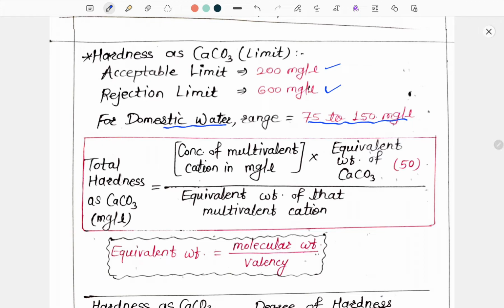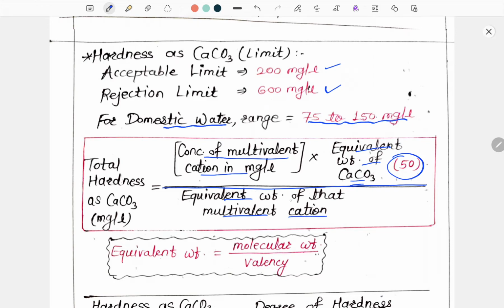Important formula for the calculation of total hardness as CaCO3 in mg per liter: it is equal to the concentration of multivalent cation in mg per liter multiplied by the equivalent weight of CaCO3, which is 50, divided by the equivalent weight of that multivalent cation.